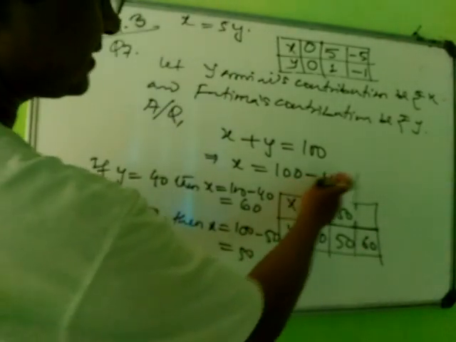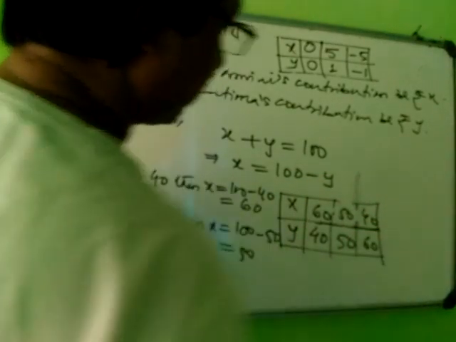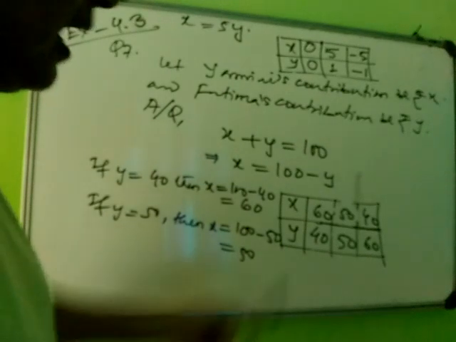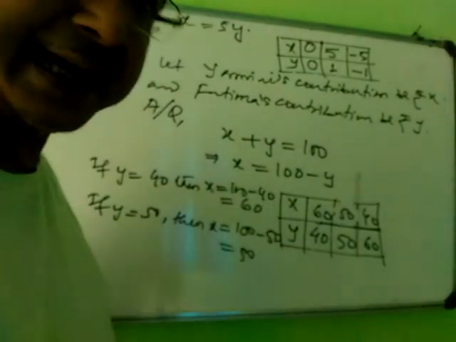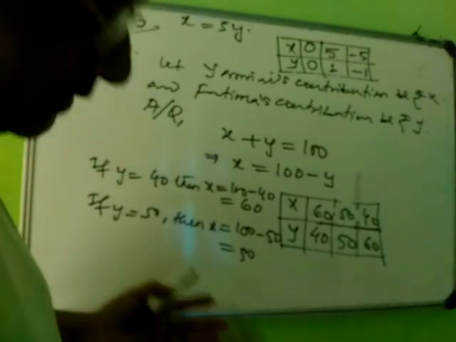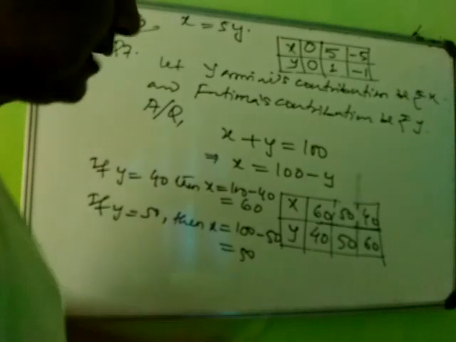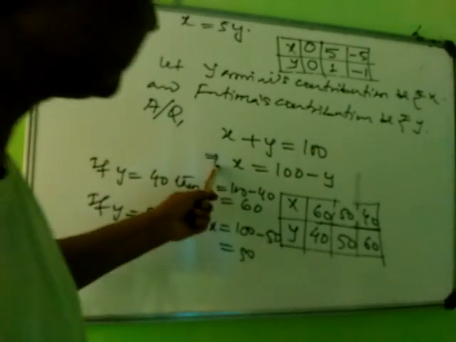So 100 minus 60, you will get 40. Now you draw the graph, you will get it very simple. How will you draw the graph? You take the scale like 10, 20, 30, 40, 50, 60. Then minus 10, minus 20, minus 30 you take, and then you plot it. You will get the required graph of this equation.